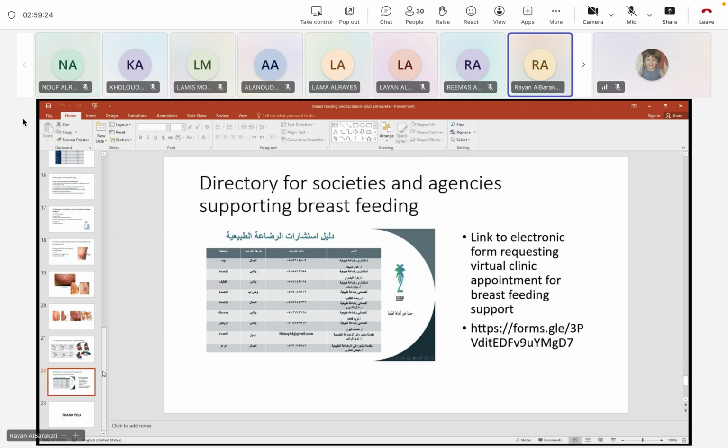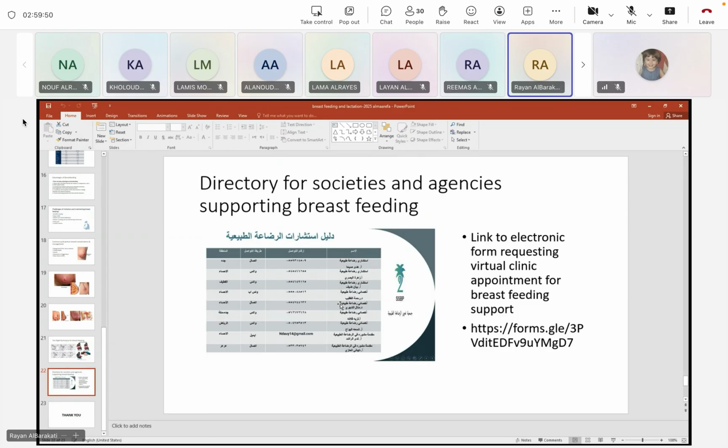For the last slide, this is a slide showing real numbers and real contacts, emails, and this is a form that supports your patients. I took this from the Ministry of Health, and it was distributed. I took it maybe 2 years back.